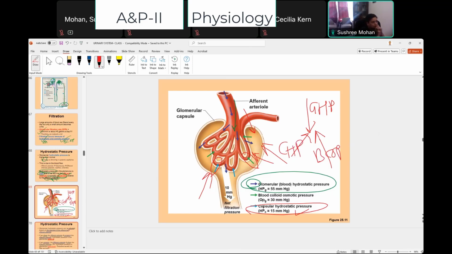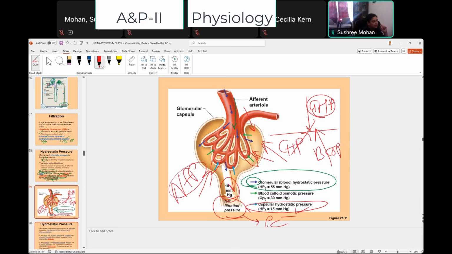And then the final result of this filtration is the net filtration pressure, and that is 10, that moves in this direction to the PCT.